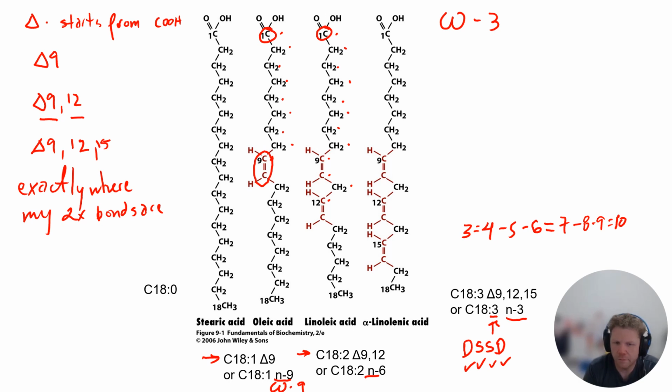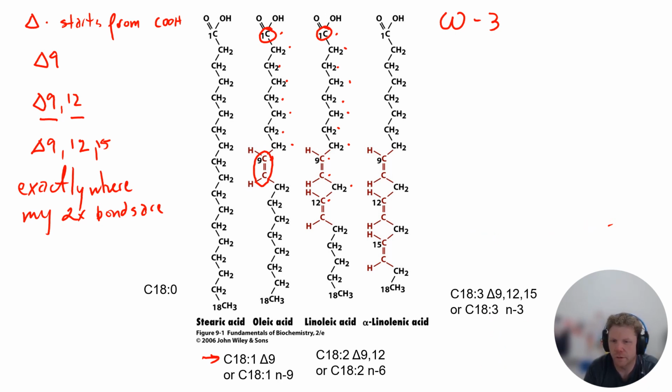Between the two of them, why do we have both? Well, they largely arise from different backgrounds. The delta numbering scheme, if I remember correctly, is more from the chemist perspective, whereas the omega numbering scheme is from the field of nutrition. And so whenever you talk about them, or whenever you're asked to draw, you have to keep a couple of things in mind.